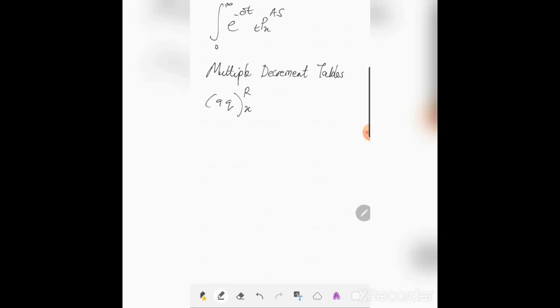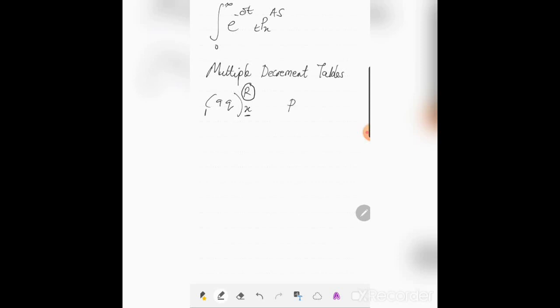It is the probability that the person who's currently aged X would be removed from this current state, whatever the state he is in, between the time X and X plus 1 by this decrement called retirement.